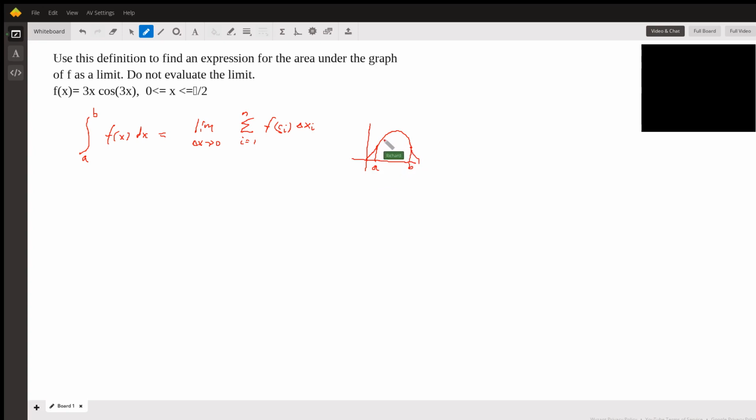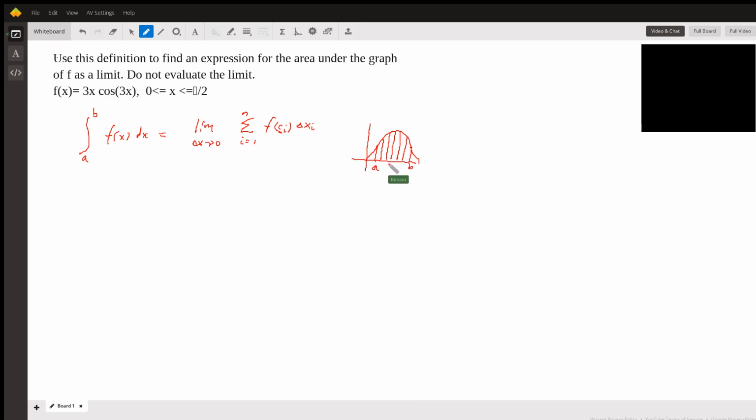You're supposed to slice it up into rectangles, and you can draw the rectangles. The top of the rectangles can be drawn in different ways. I'm not going to get into that, but basically you find the area of each rectangle.